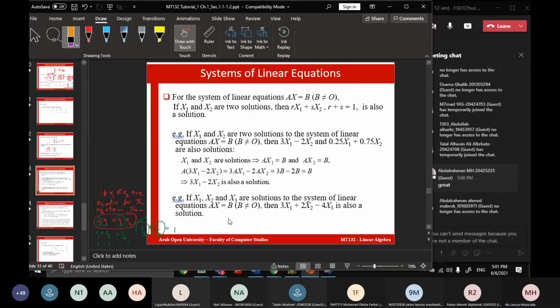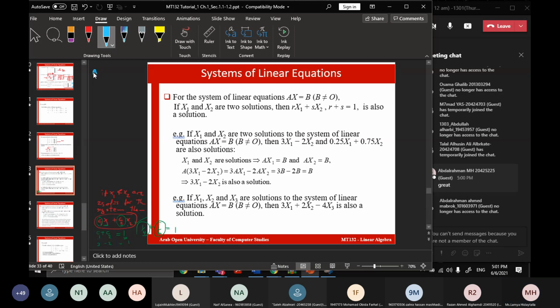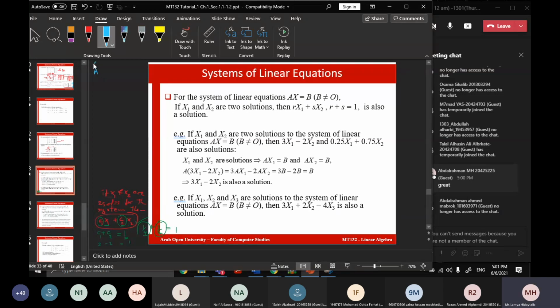So, what did we have? We have x1 is a solution and x2 is a solution. So we have Ax1 is equal to b and Ax2 is equal to b.